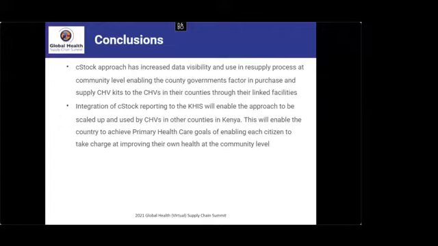And because of integration of Systock reporting to the GHIS database, the approach will be scaled up and used by CHVs in other counties in Kenya, enabling the country to achieve the primary healthcare goals where each citizen is able to take charge of improving their own health at the community level.